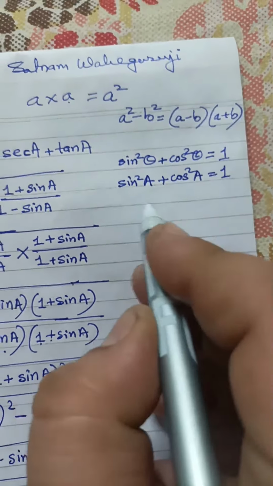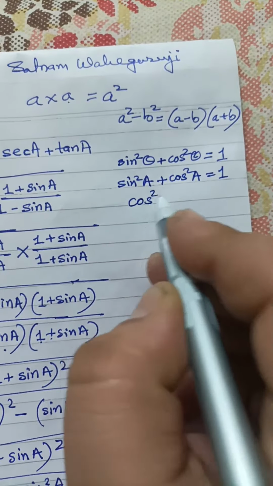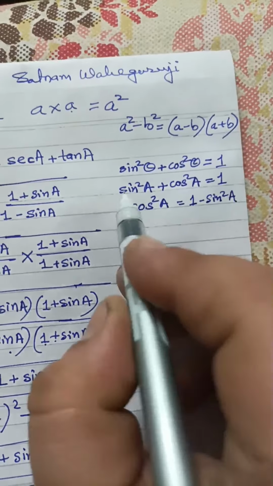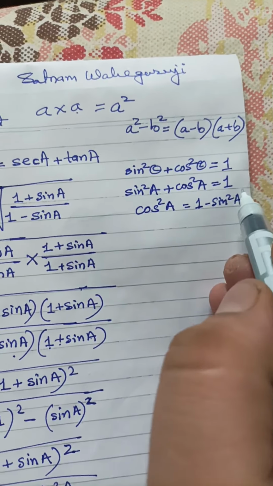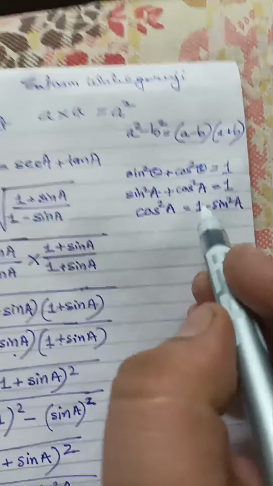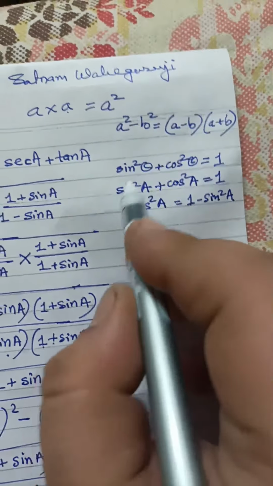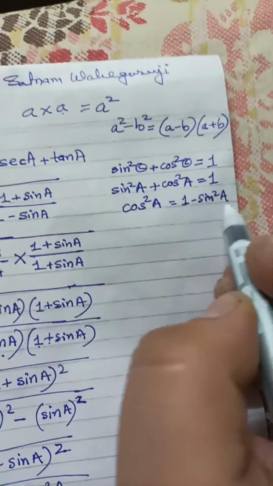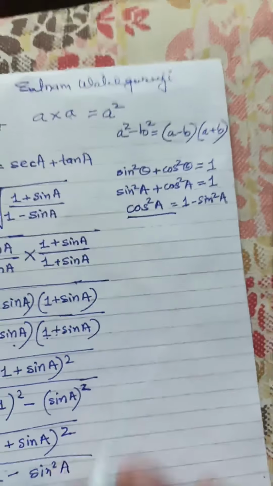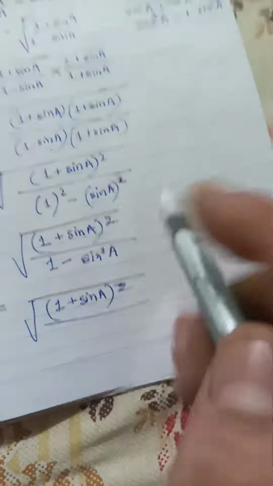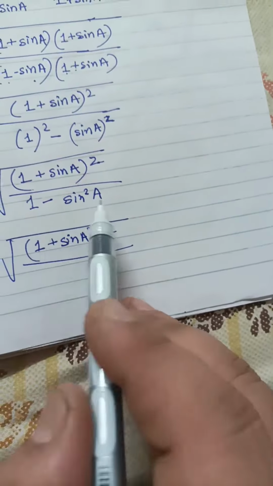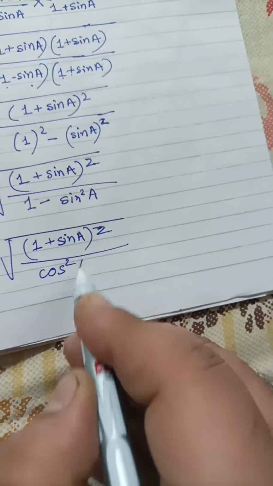From here we can say that cos square a is equal to 1 minus sin square a, because sin square a, when taken to the other side, becomes negative from positive. So 1 minus sin square a is equal to cos square a. Similarly here, in the denominator we have 1 minus sin square a, which will become cos square a.